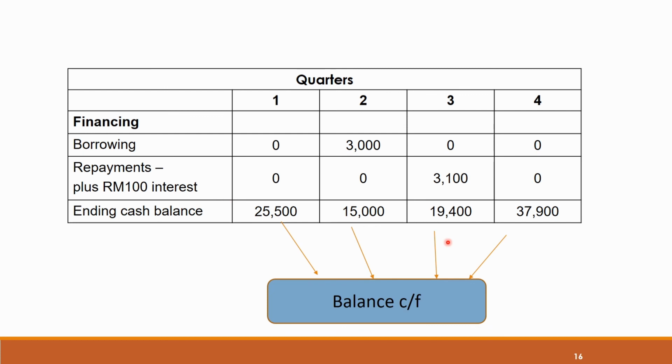So you have the balance 19,400, and you have to do the same step where you record this amount for the next quarter as the beginning, and then you record all the cash available less cash disbursement, and you find out whether there is excess or deficiency, and then you will get the ending balance for the fourth quarter. So this is the answer, 37,900. That's all for cash budget.